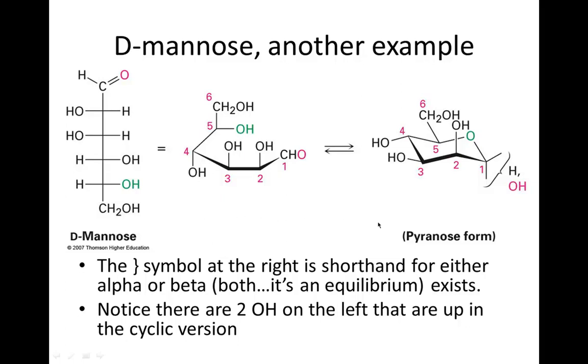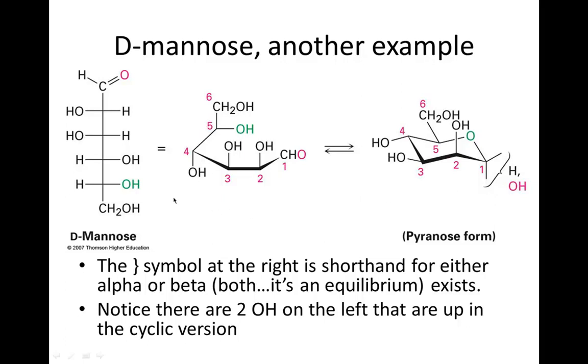And something else you'll see in this drawing, they've used a little bracket here, and they've put hydrogen comma OH, and what they mean is they're showing you a shorthand form where there's both forms. The alpha, remember the alpha one would be here for the OH, and the beta one where the OH would be up here. Both of those are formed, and this equilibrium's going back and forth.